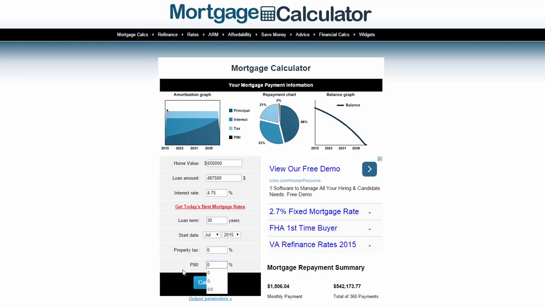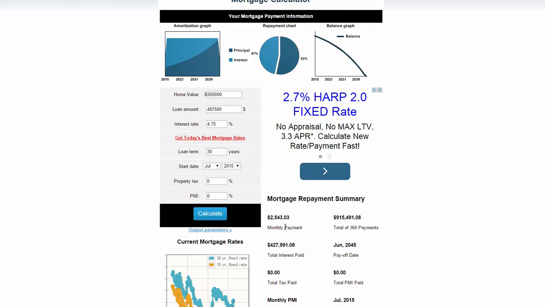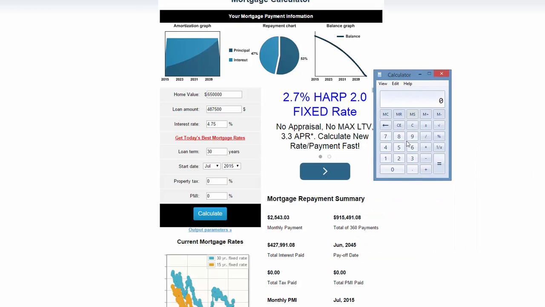You gotta remember the taxes were already taken into account when you got the net operating income number. So just do it without. You'd calculate your monthly payment would be approximately $2,543. Then you go on your calculator and you do 2,543 times 12.